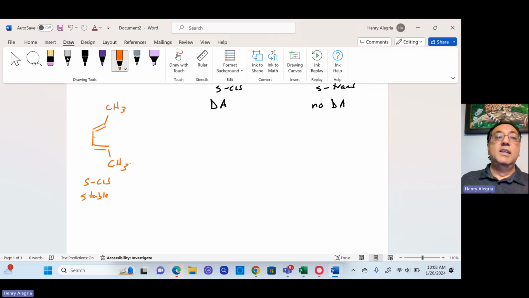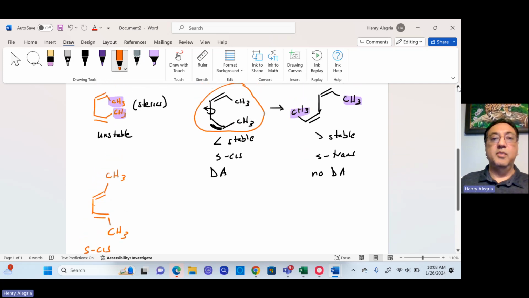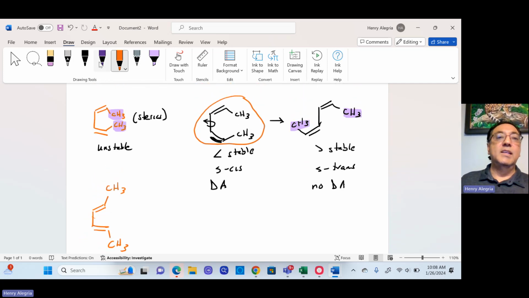This will do it. Now, you can actually end up with a situation that's even worse than the one I used here to illustrate, because at least in the case of this one here, it will prefer to be in the more stable form, but a small percentage will be in the S-cis, and it can do a little bit of Diels-Alder.